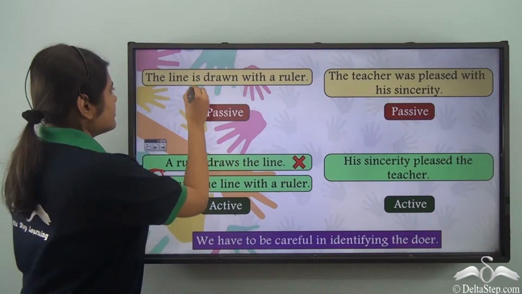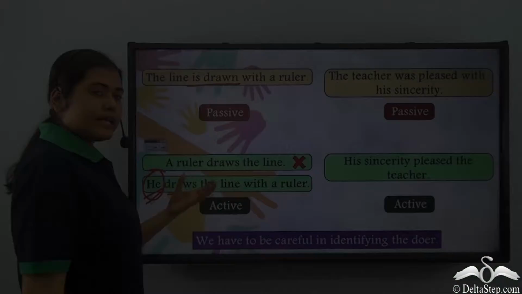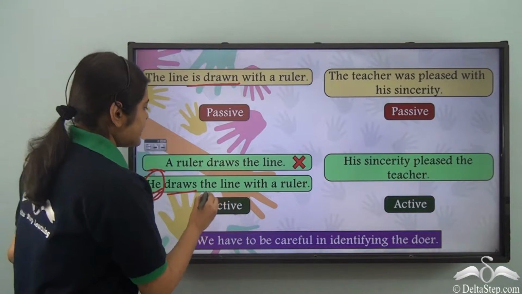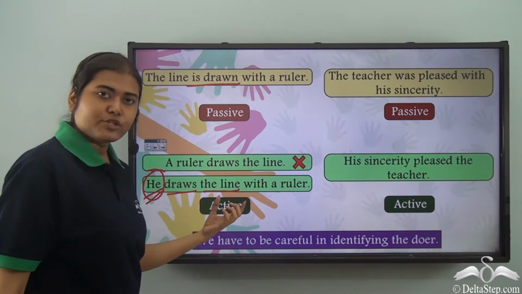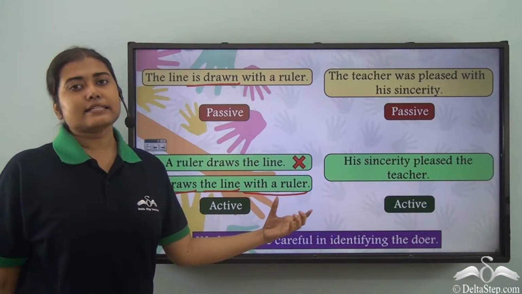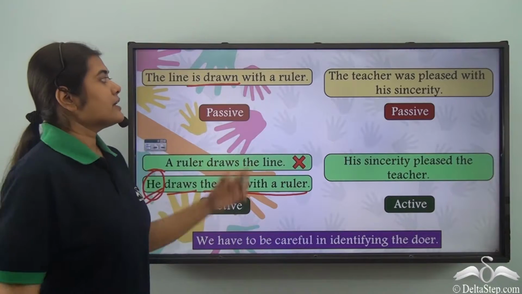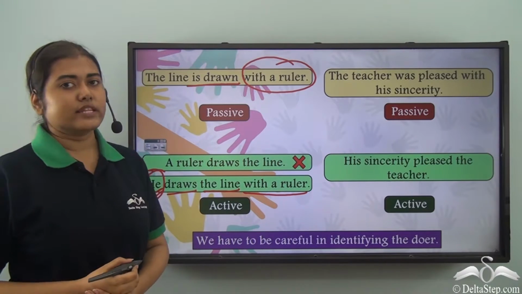Now draws, because the verb is drawn, we change it to draws in the simple present tense. Then the line. So the line is the subject here, becomes the object here, and this part with the ruler remains as it is. Remember, here with the ruler is not the doer of the action.